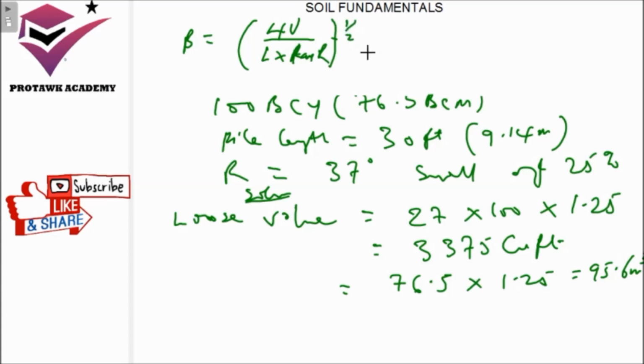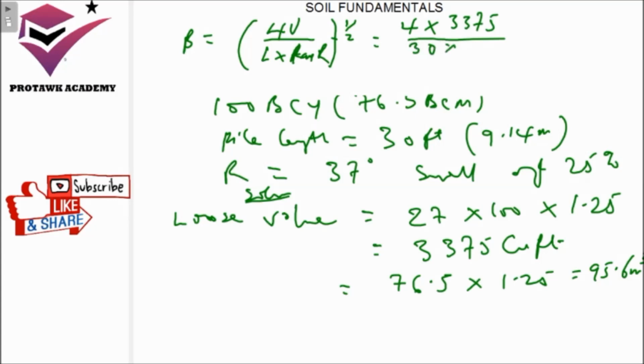If we substitute into this, we'll have 4 multiplied by the volume we've already gotten in feet, 3375, over the length of the spoil bank, given as 30 feet.